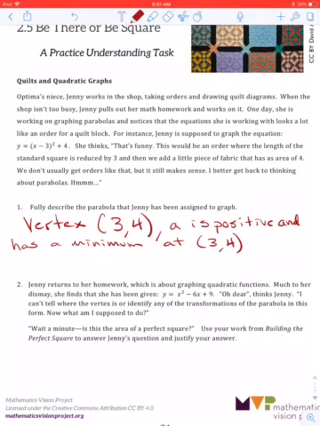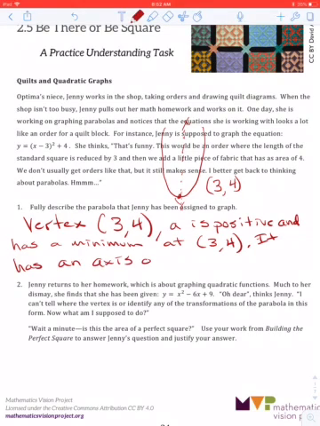Okay, what else can we write about this? So if you were to picture that parabola like this with a vertex of (3, 4), another thing that we could talk about is its axis of symmetry. So that line right there. So it has an axis of symmetry of x equals 3, because this is the line of x equals 3.